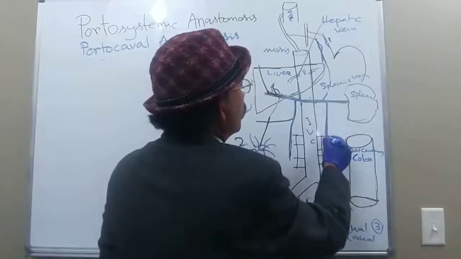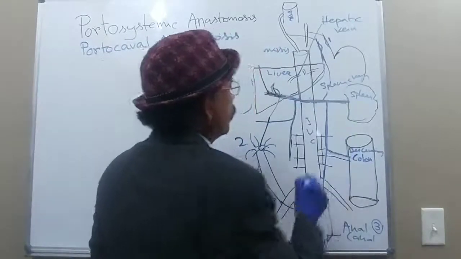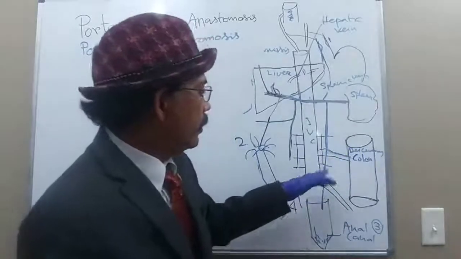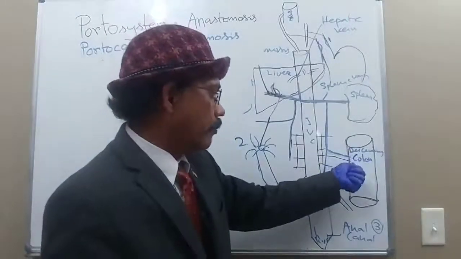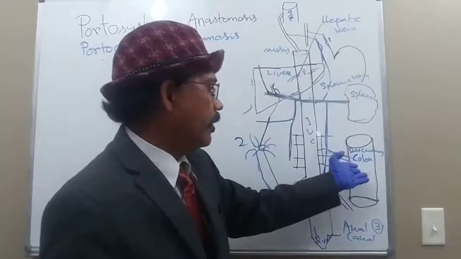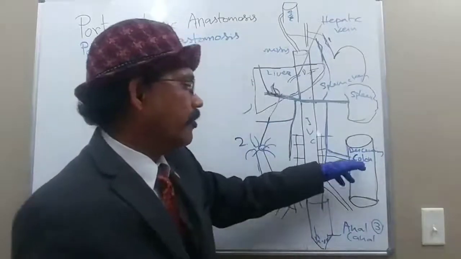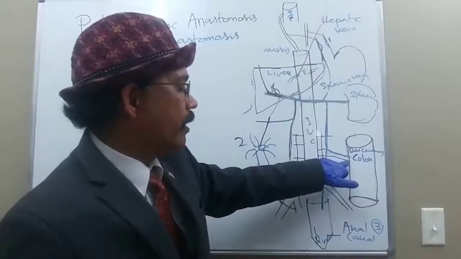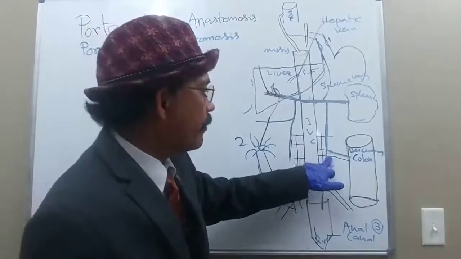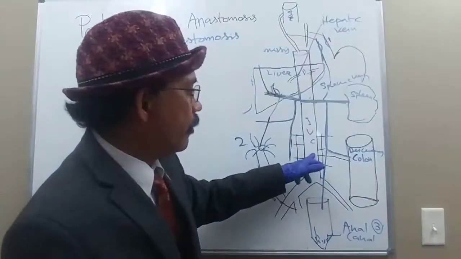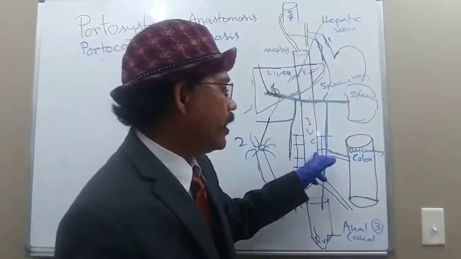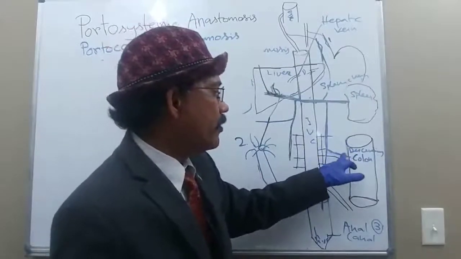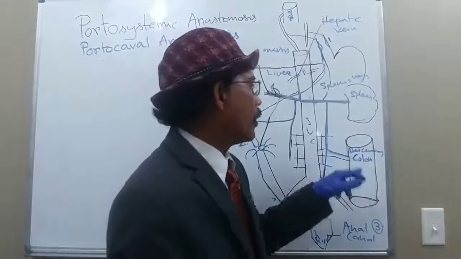This is the inferior mesenteric vein, and also on the posterior wall, venous blood is drained by the lumbar vein here. Okay, so the lumbar vein is a systemic vein. It opens in the inferior vena cava. It is a caval system, and the inferior mesenteric vein is a portal system.